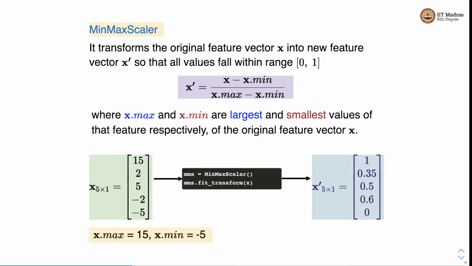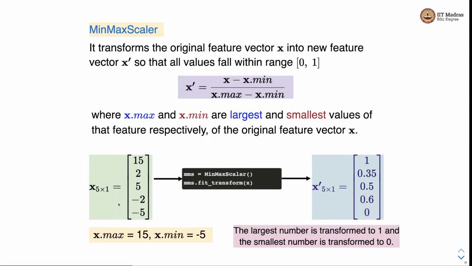So the total range is 20, and you can see that the maximum value is 15, so the maximum value gets transformed to 1 because this is 15 minus -5, so the numerator becomes 20 and the range is 20, so it's 20 by 20, which is 1. And the minimum value gets transformed to 0.